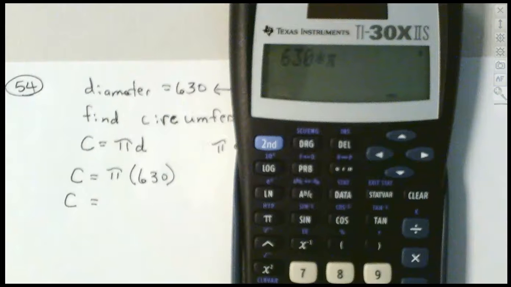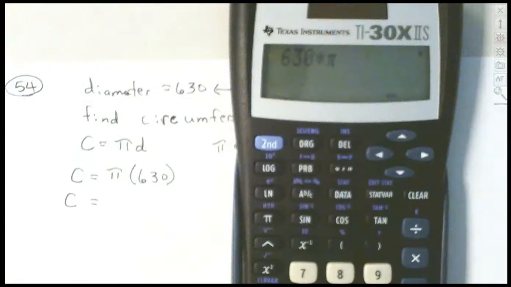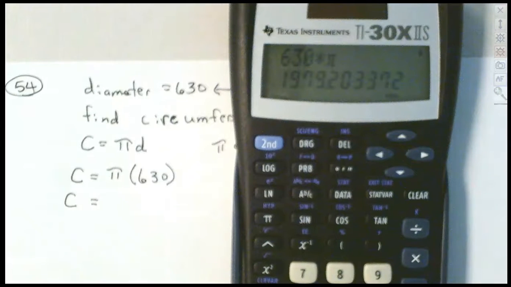A little bit brighter so it's easier to see. That must be too much. There we go. So we can see that. That's 630 times pi. And how far does it say to round? If we read the problem, it says we want it to the nearest foot.